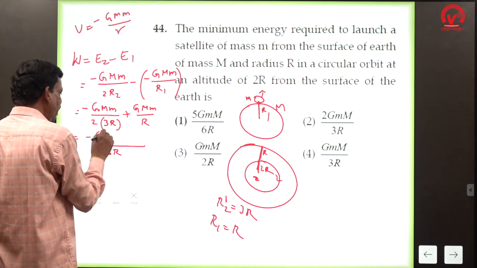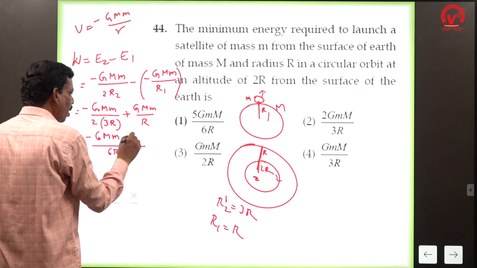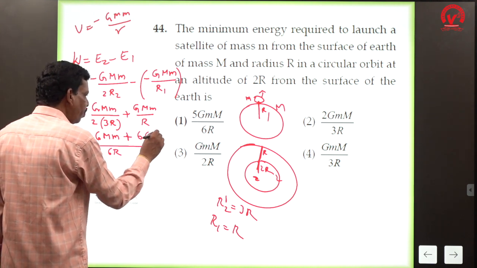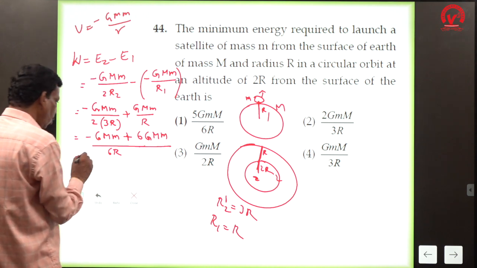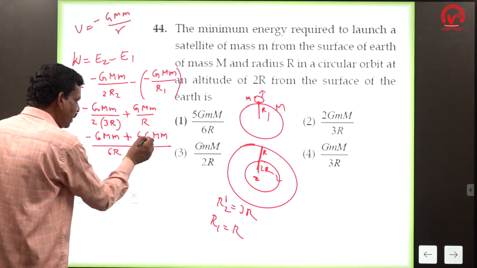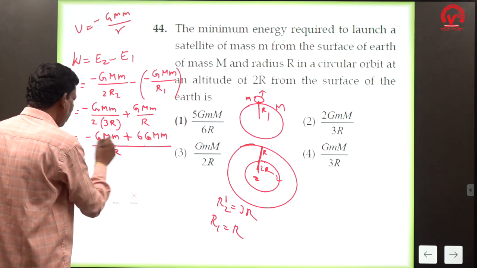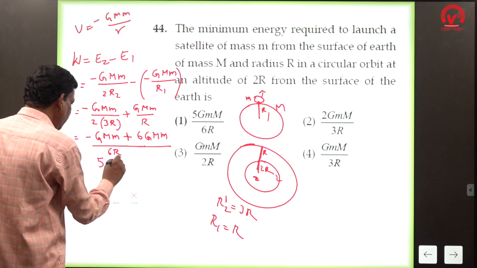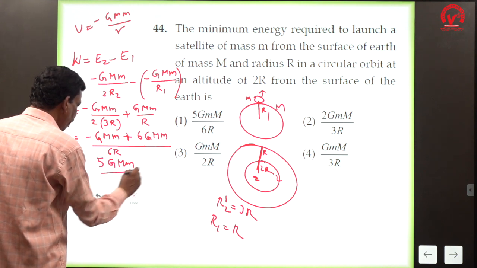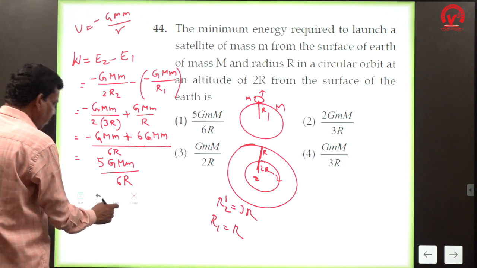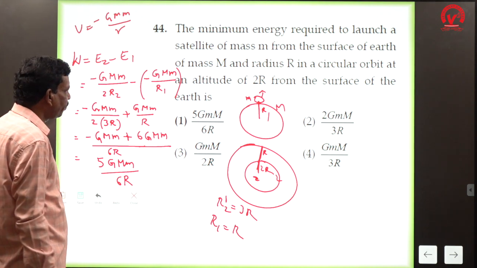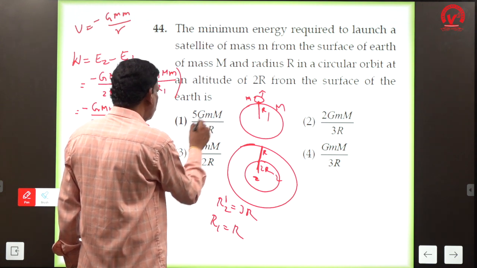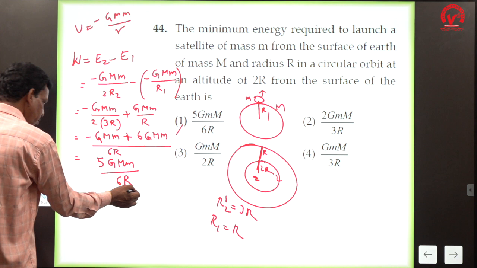Here minus G capital M small m plus, here R cancels, 6 G capital M small m minus 1. So that is 5 G capital M small m by 6R. Which is the correct option? 5 G capital M small m by 6R. So first option is correct.